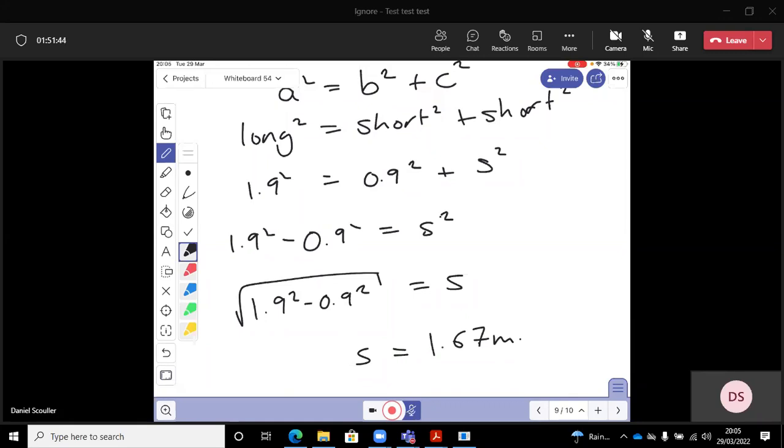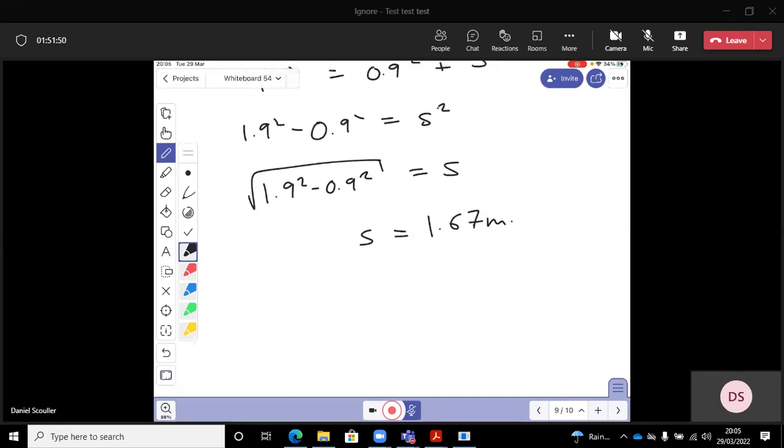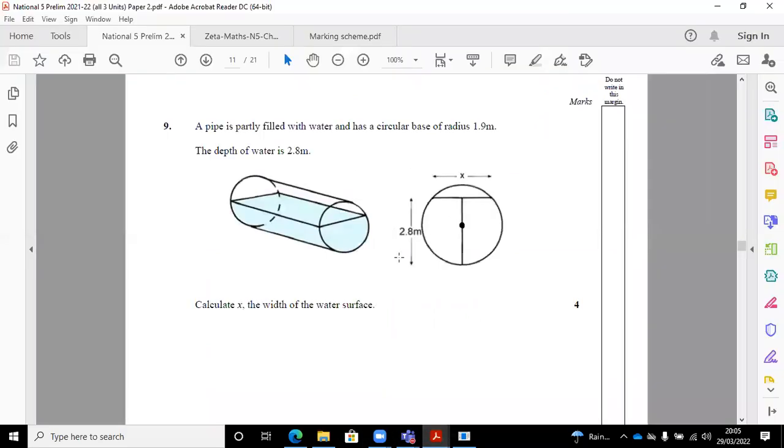S is only half of the full surface area. Okay, what we've just found out is only half of the full surface area. So if we go back to this, we've only found out from here to here, that length there.